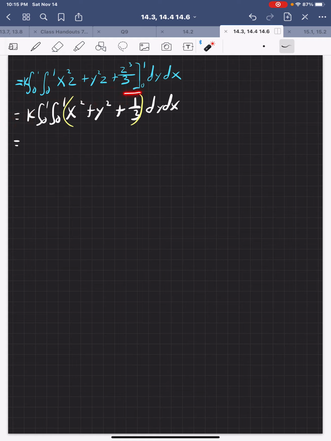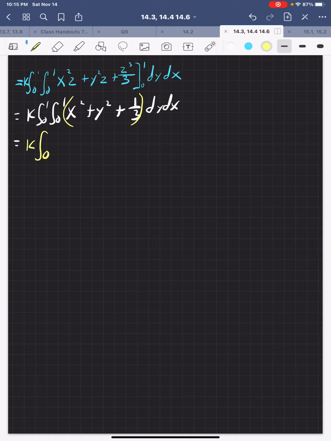In other words, we can bring multiples, factors, constants out front, but not terms. We don't move terms around like that. So we'll leave that 1/3 alone, and let's keep integrating.